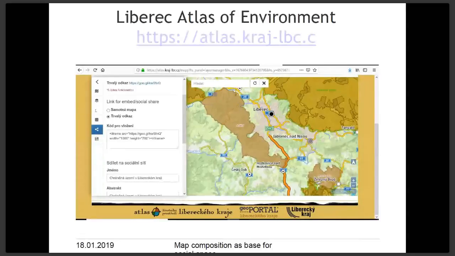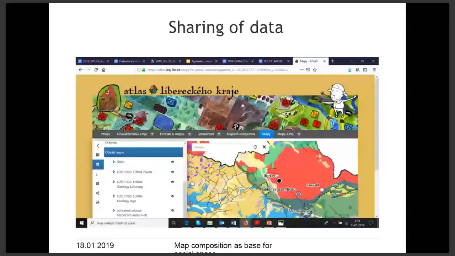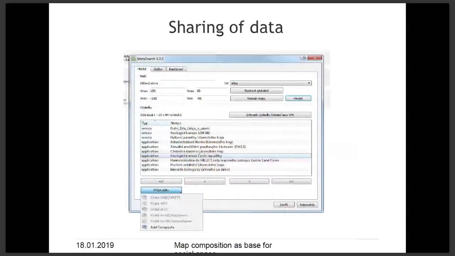So here you can see the map on the Liberec region portal, and there already exists a plugin for QGIS which is able to discover ISO 19115 metadata, and you can see that we have there not only services, which is the standard way data are shared, but also applications.